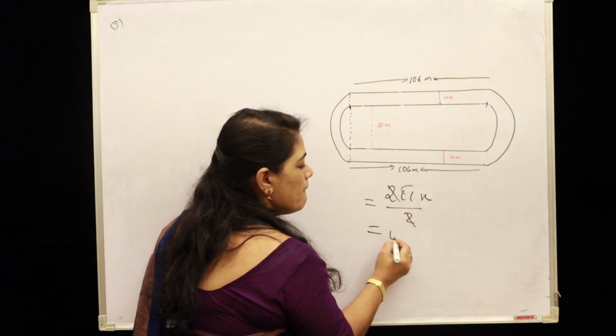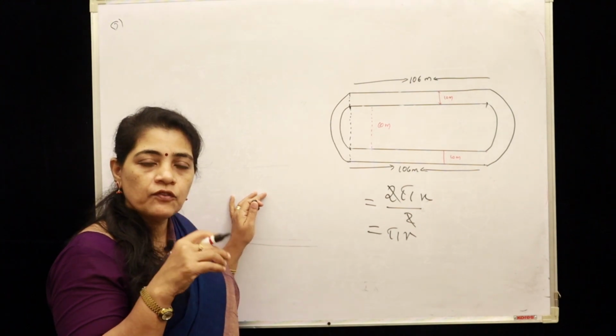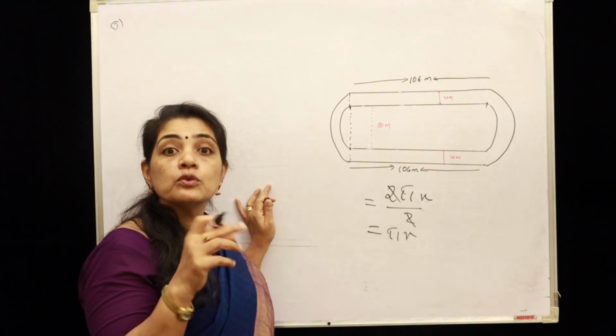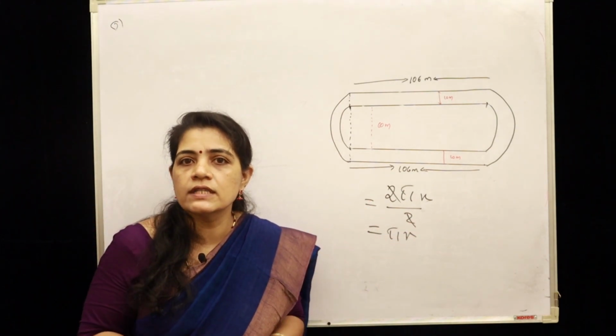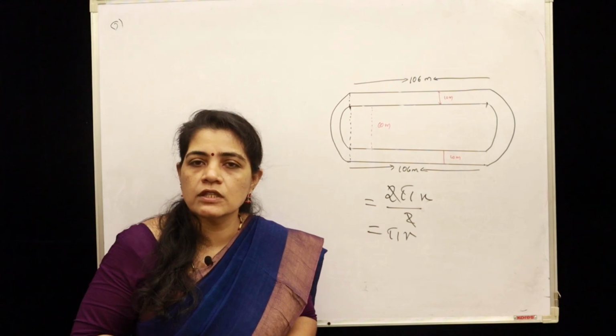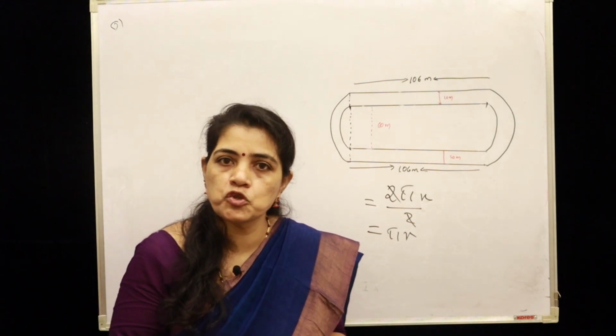So this is the distance around one semicircular end. We have 2 of them, and 2 semicircular ends make one whole circle, so the distance around the two semicircular edges will be the circumference of the circle, that is 2 pi r.